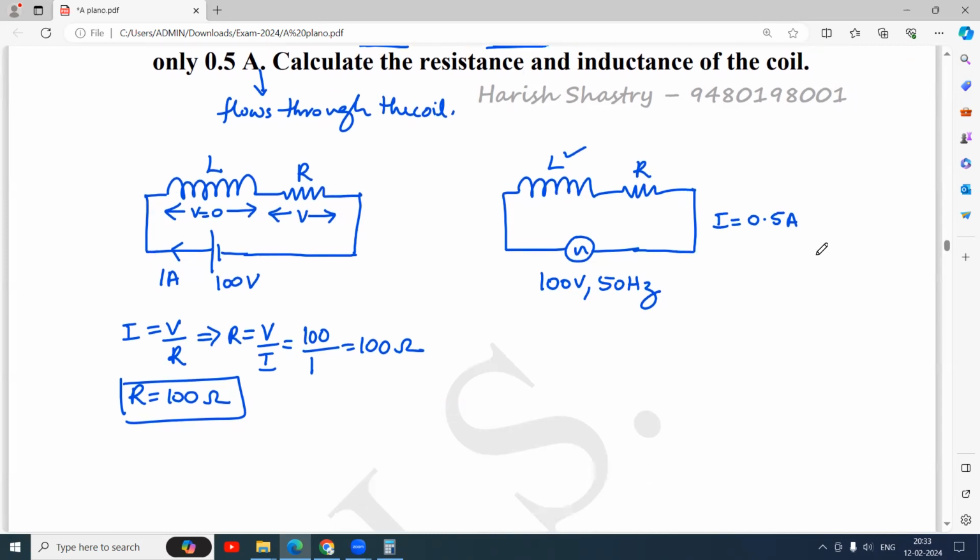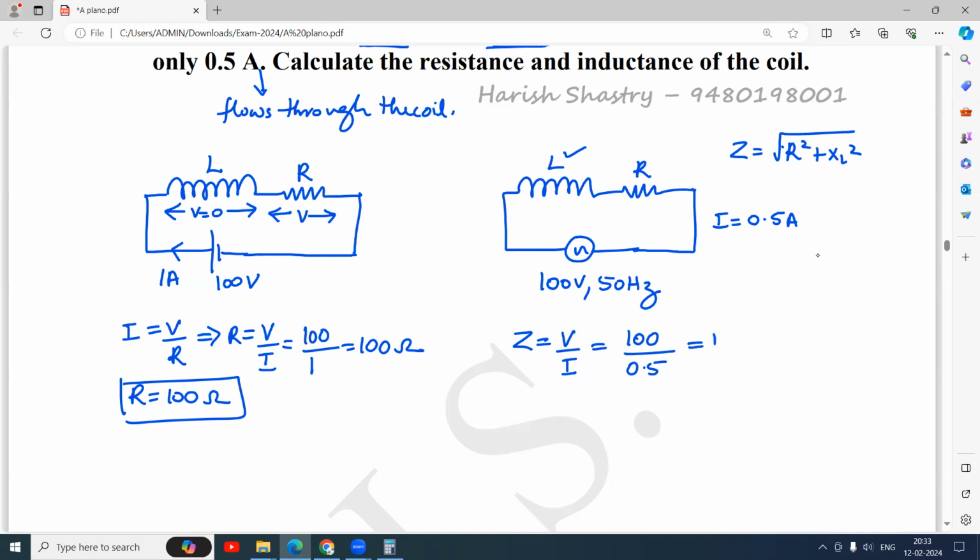Now we write Z is equal to V by I, where Z is equal to root of R square plus XL square. V is 100 volt AC and I is 0.5 ampere, which is half.